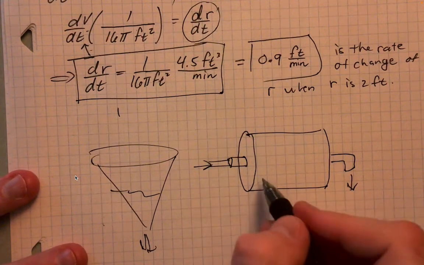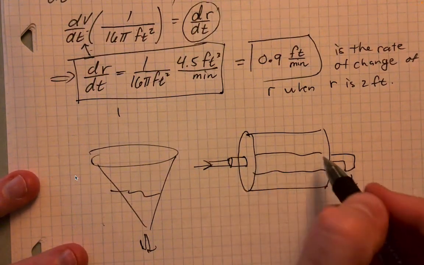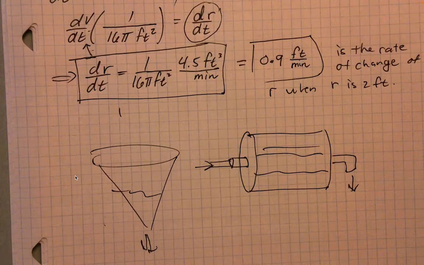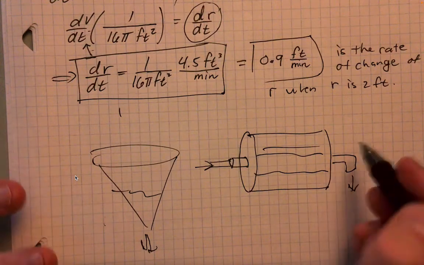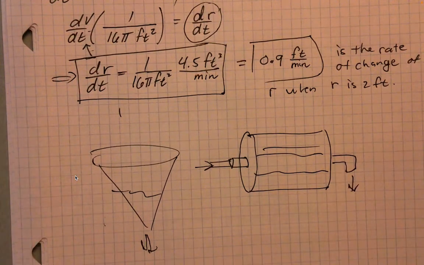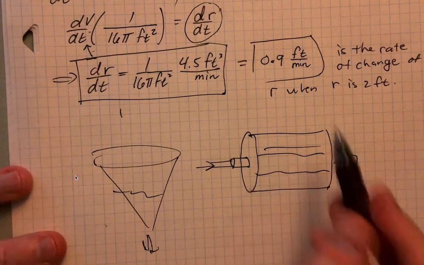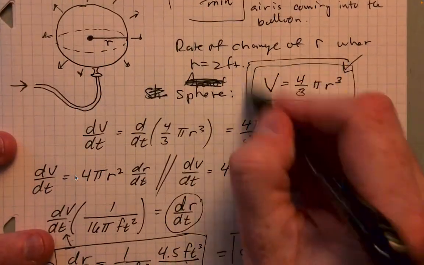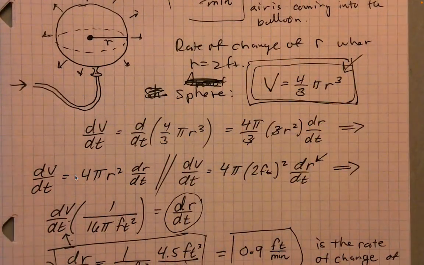Maybe those two rates change, and as they change, the water level drops or increases. These kinds of problems, where the relationship of the various quantities can be captured by a geometric equation, come to life now with this differentiation material.